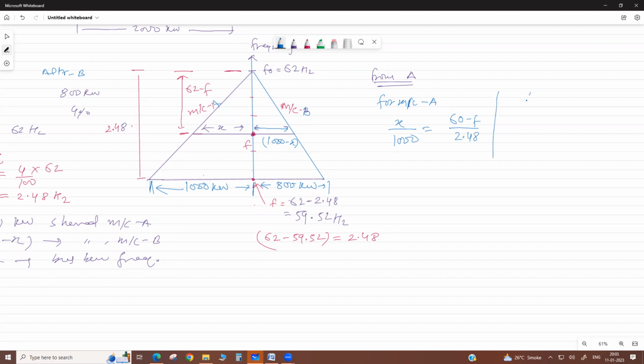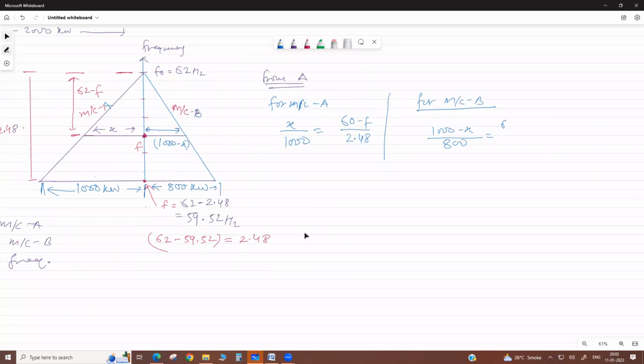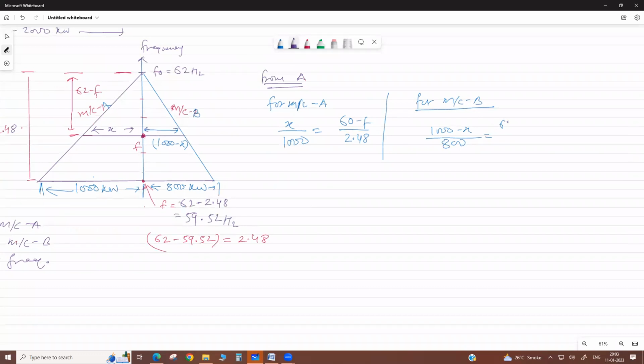Same like for machine B also. Small triangle is 1000 minus X by big triangle is 800, equals to their height again. It is because they have the same group, that's why their heights are the same. Like this height is 62 minus F to 2.48. Now this is equation 1, this is equation 2.